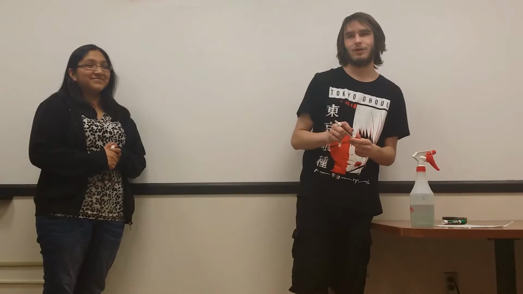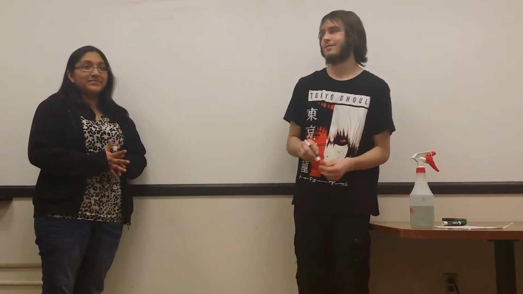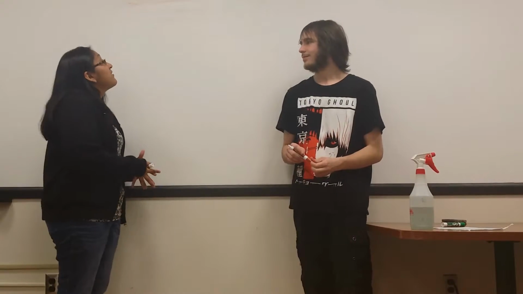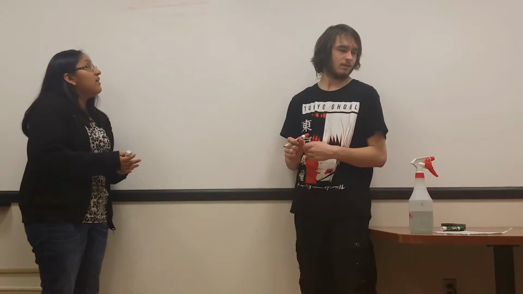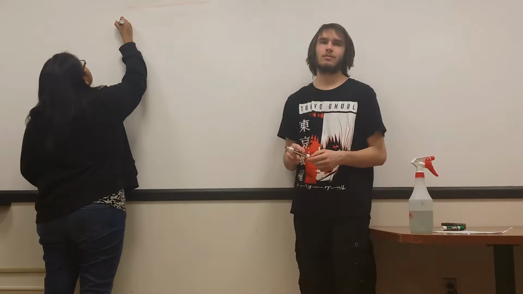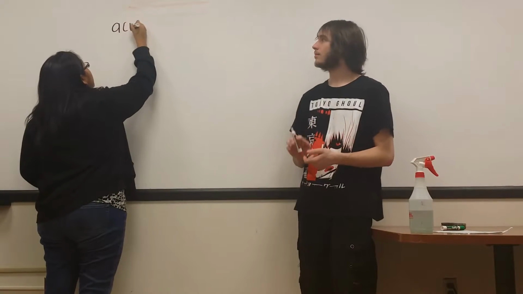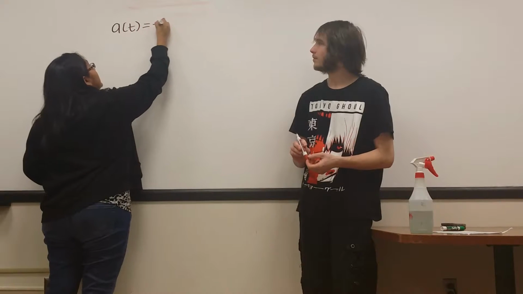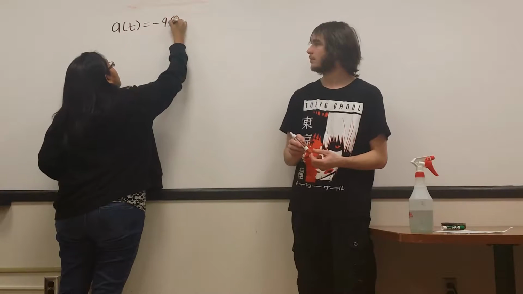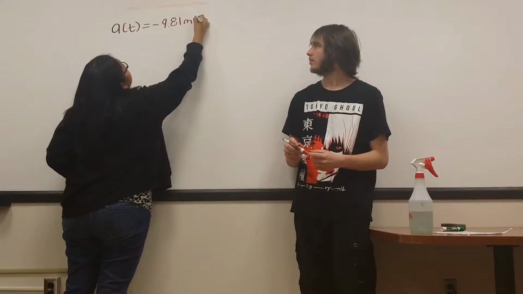Alright, teacher, can we show you how we do it in the physics way? Of course. So in physics, we start off with the acceleration function, and for all free-falling objects like the egg, the acceleration function is a of t equals negative 9.81 meters per second squared.